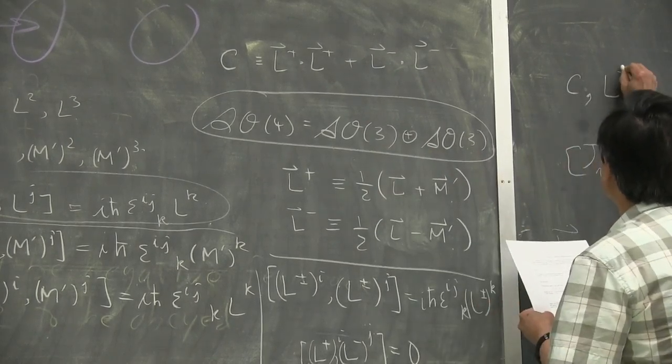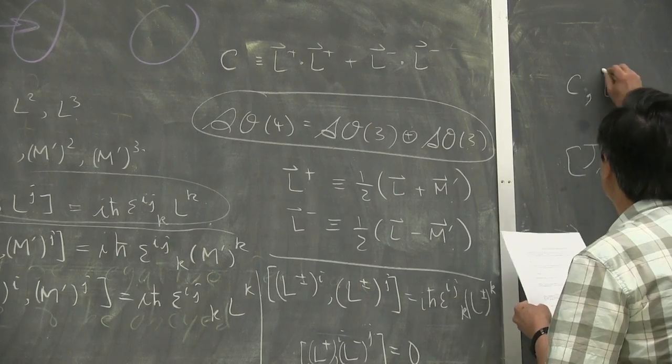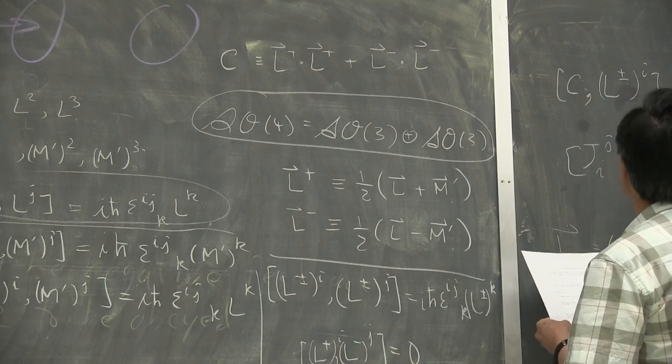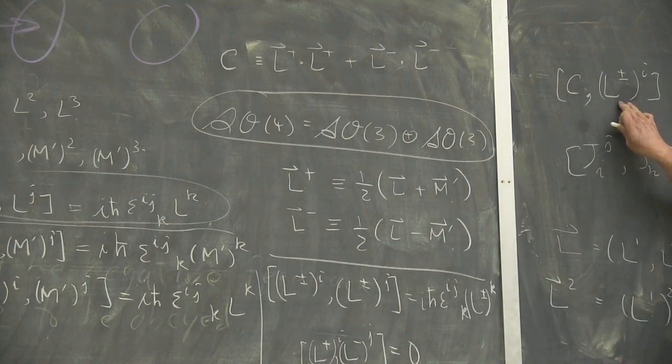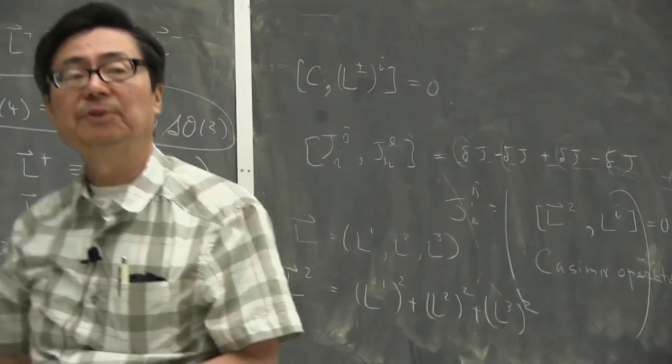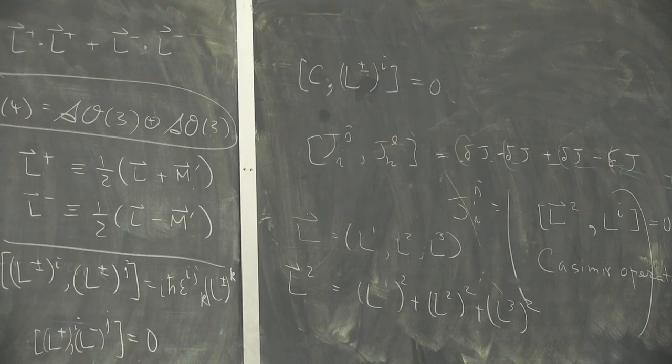So it commutes with all the components of L plus and L minus. There are 6 things in here: L plus 1, 2, 3 and L minus 1, 2, 3, and all of them commute with the Casimir operator as defined like this.